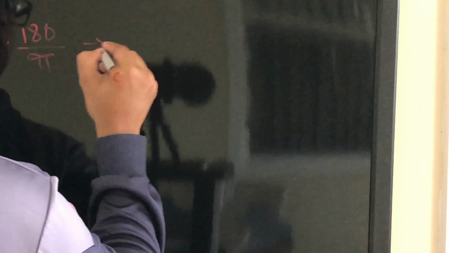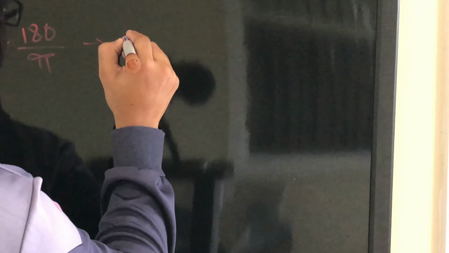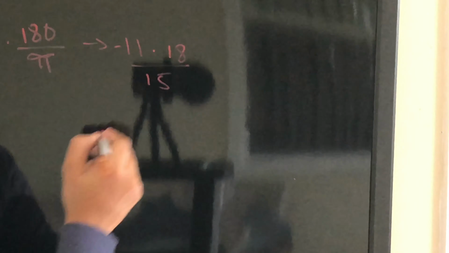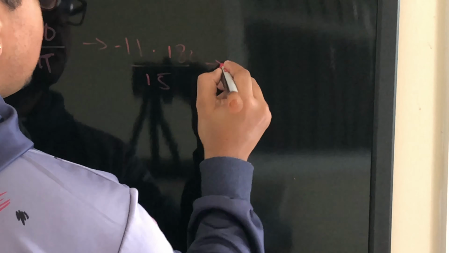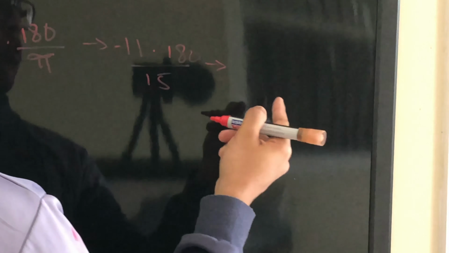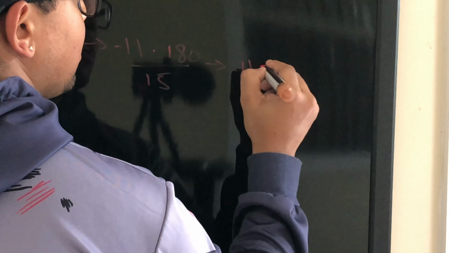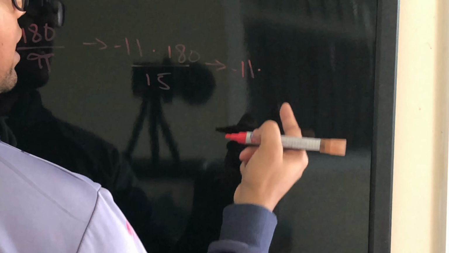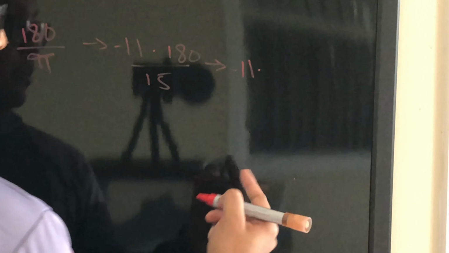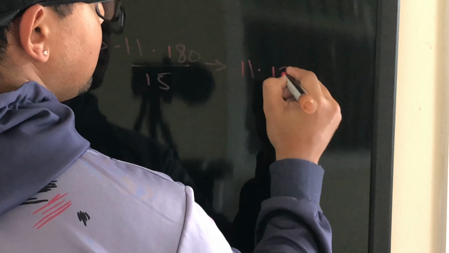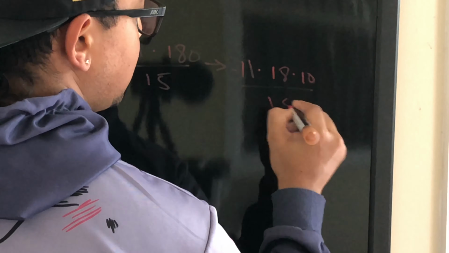Now you can break this down even further. You're going to multiply everything over here. So it's going to be negative 11 times 180 over 15, correct? Then you break this down even more. You get negative 11 times, now 180 breaks down to 18 times 10, so 18 times 10 over 15, right?